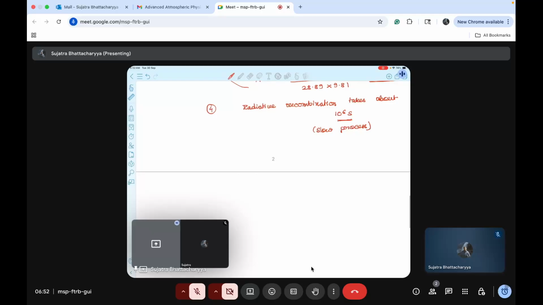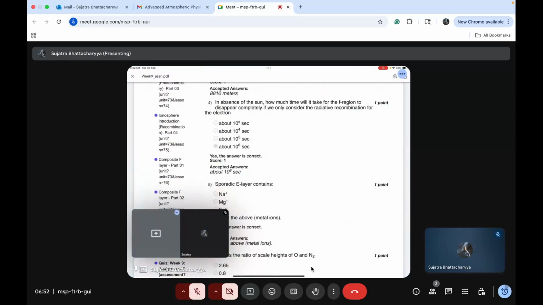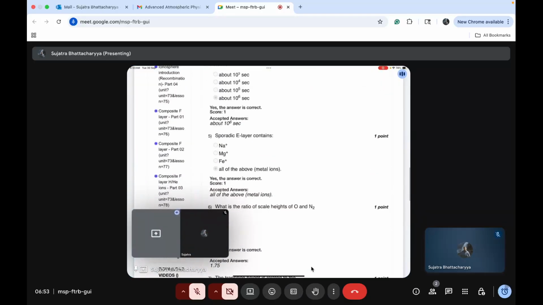Okay, let's go to the fifth one then. Sporadic E layer contents. So we have discussed when we were talking about the E layer, we mentioned in the last session that there is a layer where all the metal ions are present, and all these metal ions which are there in the options are there in the sporadic E layer, whether it is sodium ion, magnesium, or iron.